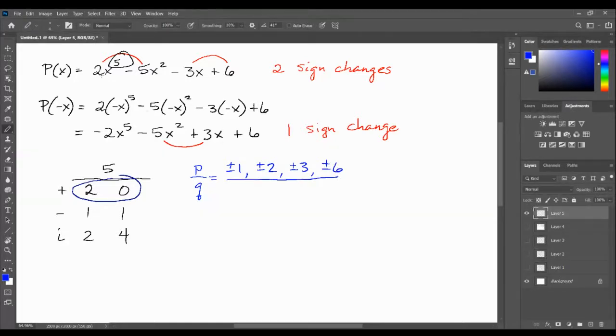Our leading coefficient is 2, so we've got plus or minus 1 and plus or minus 2. Notice this. If, when I'm guessing, I find a positive 0, that means this is not the column for me, because that had 0 positives.